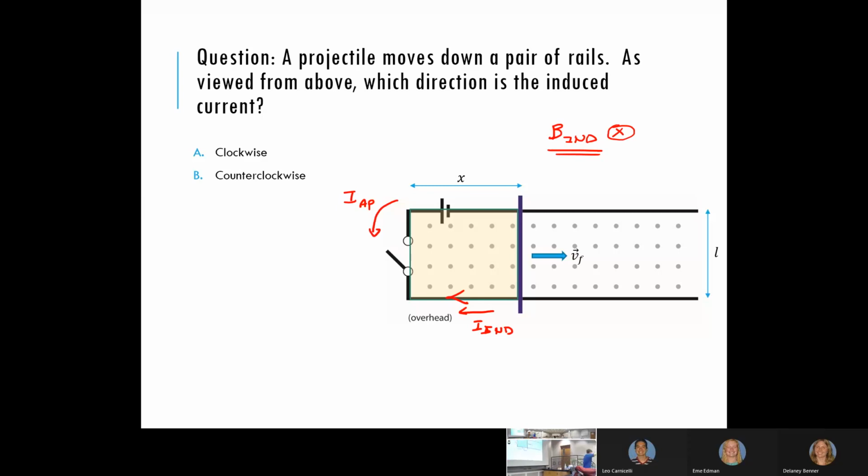You have an external magnetic field pointing out at you. Which way is the force? Survey says.